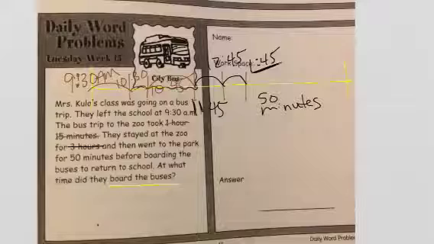Remember, you may want to look at an analog clock. That might help you figure out those 5-minute increments. And you could even count by 5 minutes and make those hash marks on that number line, or chunk it by 10 minutes. There's a lot of different ways to do it. So take 1:45, add that 50 minutes, and that should be the time they boarded the bus.